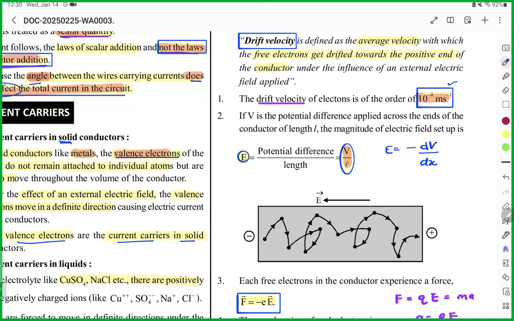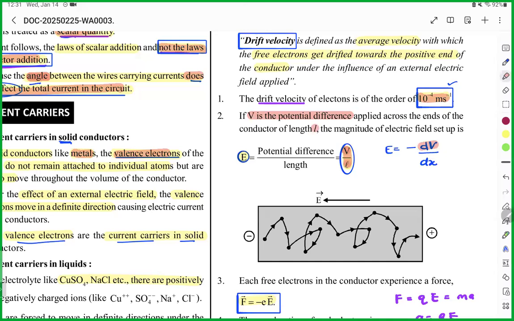Here, it is the potential difference dV, and even in this case, it is potential difference. See, V is potential difference, not potential. And because the difference in the length is L, that's why this is the correct formula. But the direction will still be positive.